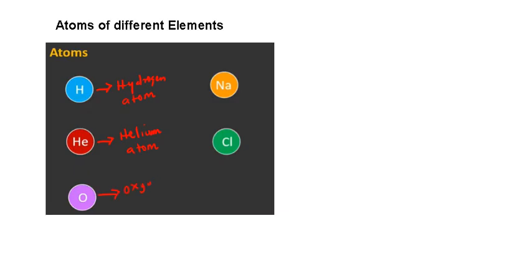This is the sodium atom. This is the chlorine atom. Atoms are important because chemical reactions take place based on atoms.